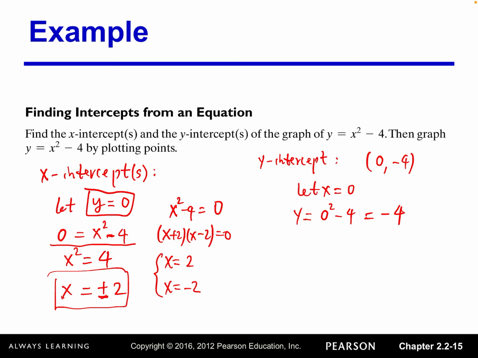The x-coordinate is 0, and the y-coordinate is -4. Then write the x-intercepts in point format: that will be (2, 0) and (-2, 0). Remember, we got two x-intercepts. And all intercepts must have at least one coordinate be 0, right?